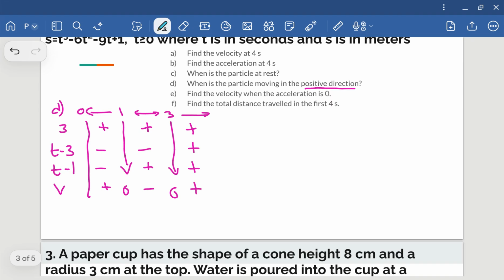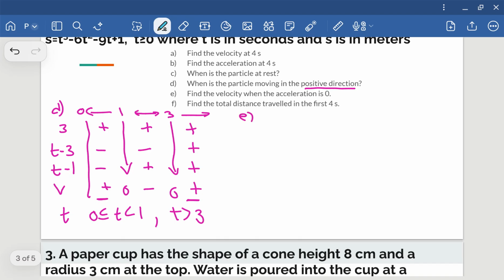So now just to interpret that, our velocity is positive between 0 and 1, and when you're greater than 3. So in terms of your time, we want to be between 0 and 1, and then we are also greater than 3. We would be in the positive direction.